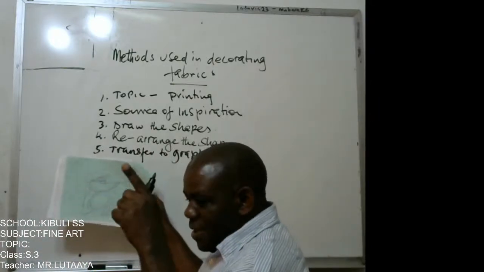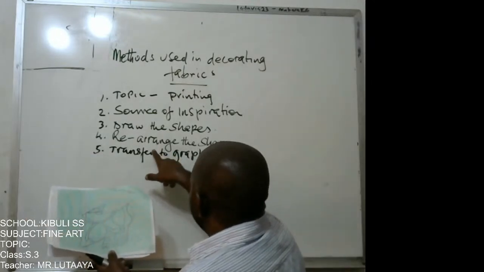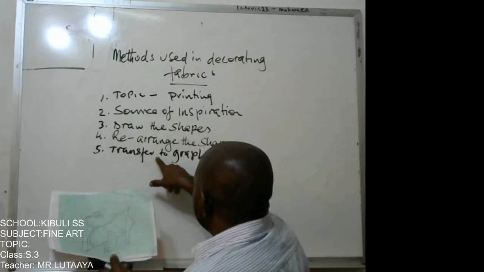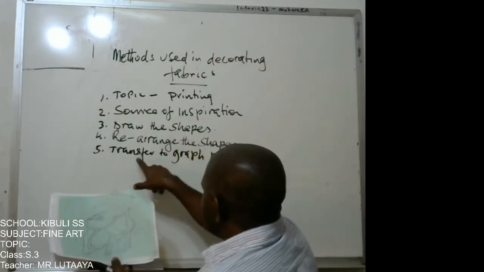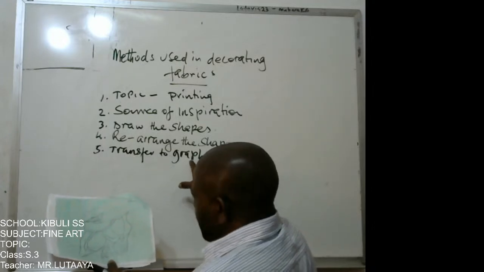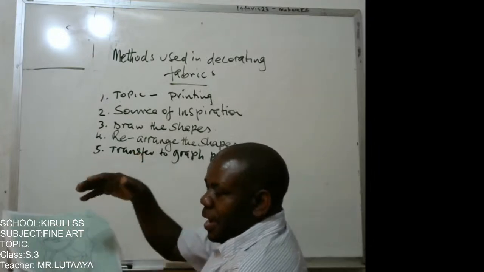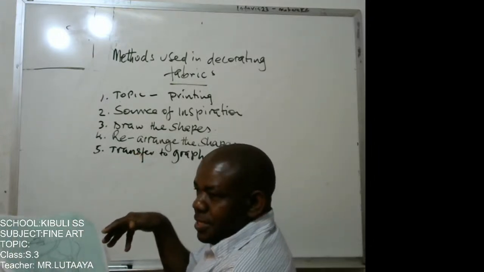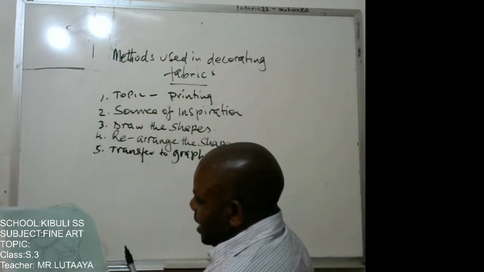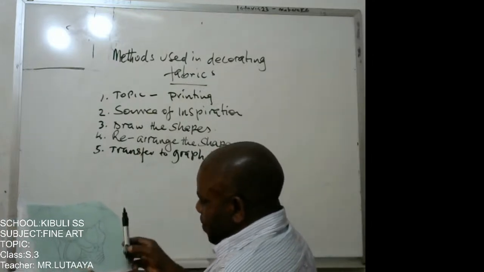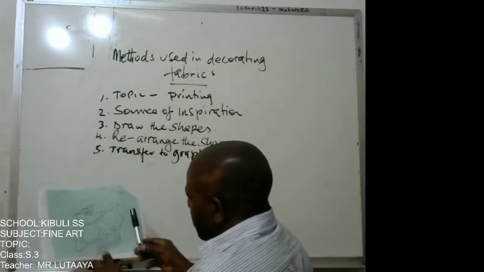The same exact image that you developed here, rearrange the one you rearranged, transfer it to a graph paper. The graph paper has segments on it, so that it is going to help you make your design map.